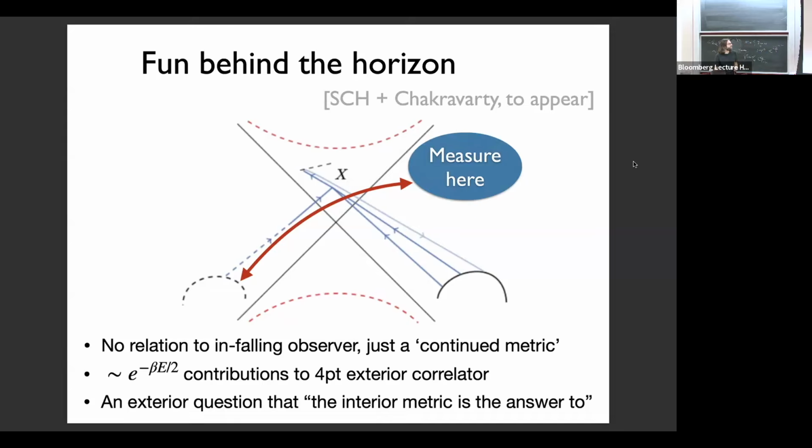Okay, if you were doing actual two-sided measurements, this might be related to some teleportation. This is kind of like using Hawking quanta, like you're using the fact that the Hawking quanta on the left are entangled with the Hawking quanta on the right. And that's the amplitude, the entanglement.